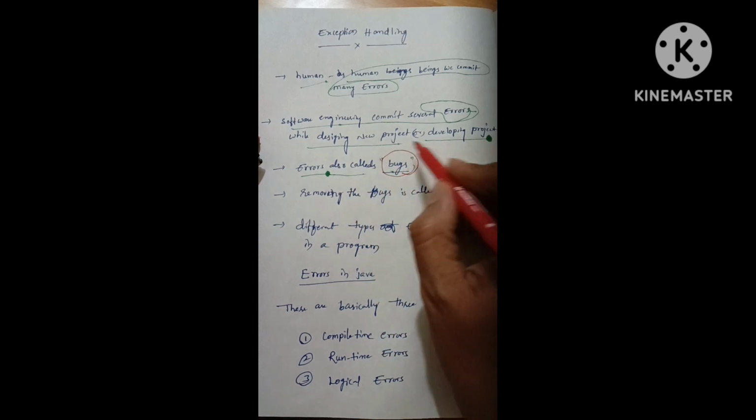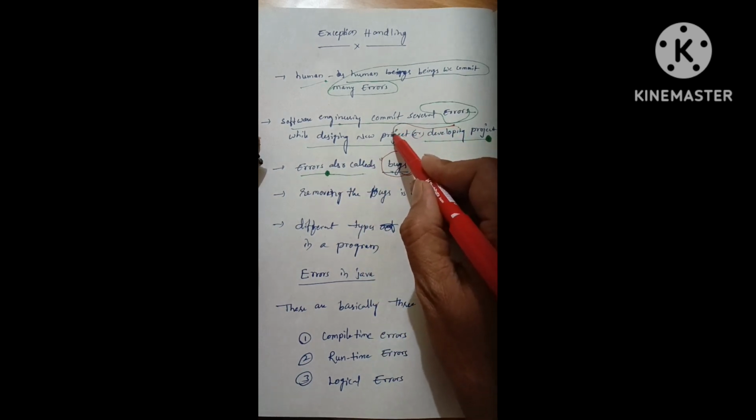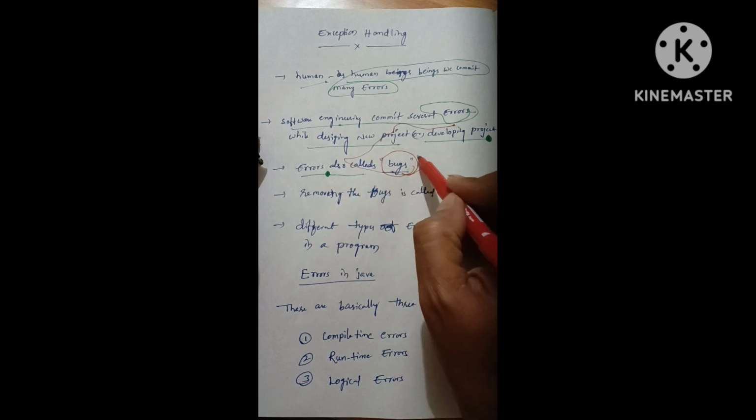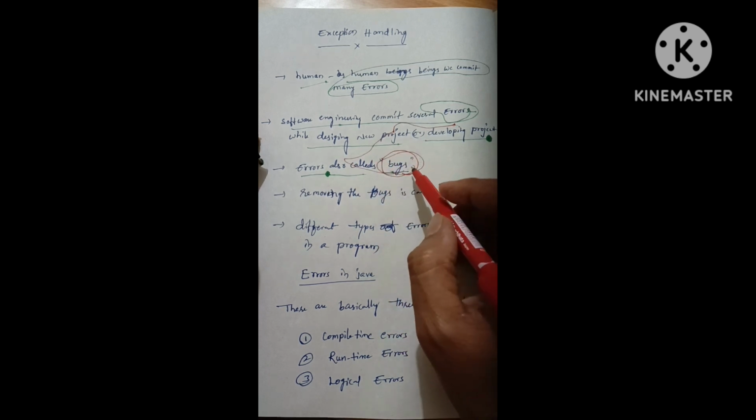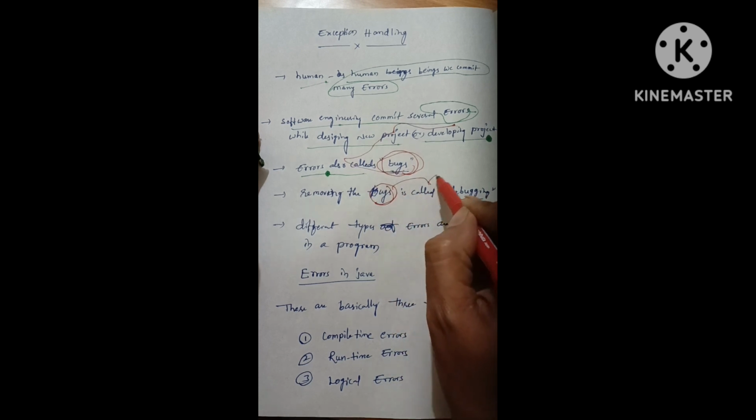Whatever errors we get while doing a new project are called bugs. Removing bugs, meaning errors, is called debugging.